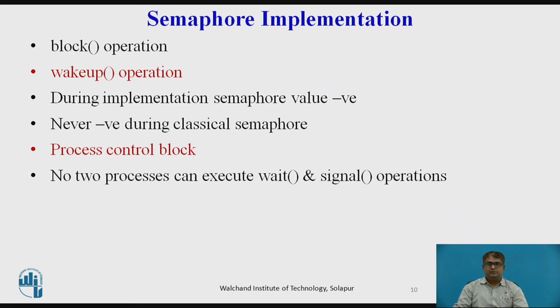The semaphore operations must be executed atomically. Here, we have to guarantee that no two processes can execute wait and signal operations on the same semaphore at the same time. Because this is a critical section problem, in a single processor environment we can solve it by simply inhibiting interrupts while the wait and signal operations are executing.